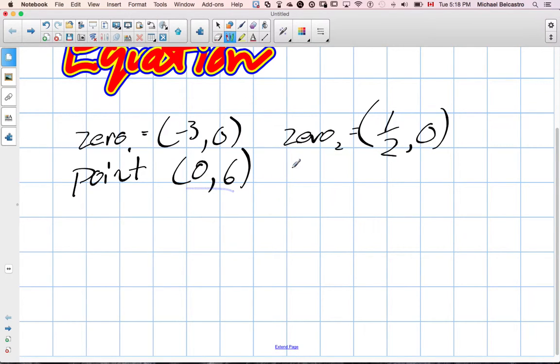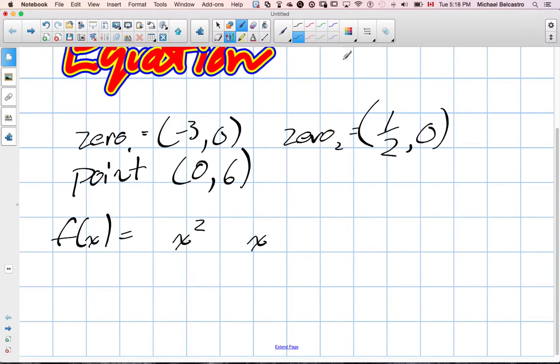They want us to build an equation from this, and they've told us that it's a quadratic equation. So there's essentially 3 equations we can kind of pull from. You have your standard form, which is your ax squared plus bx plus c.